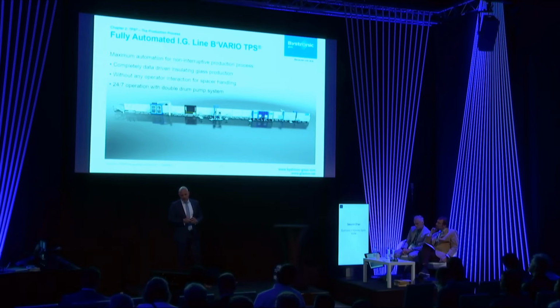You load the glass, then the IGU will be produced automatically without any operator influence for the assembly, and then you have only the unloading section. So it helps you to automate your production.